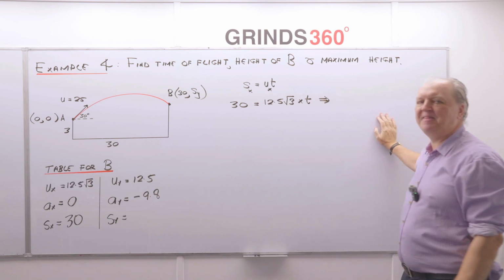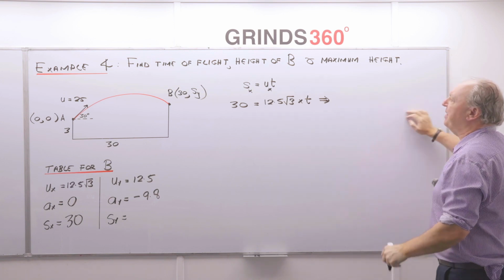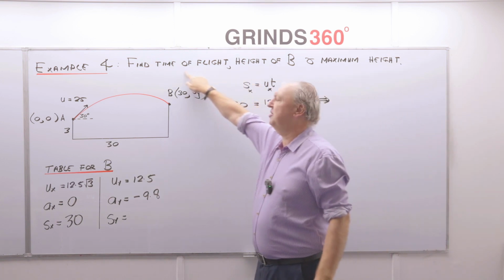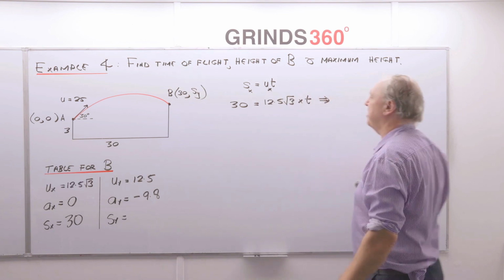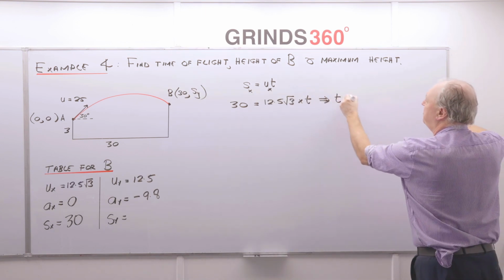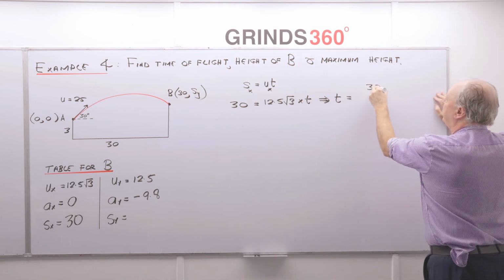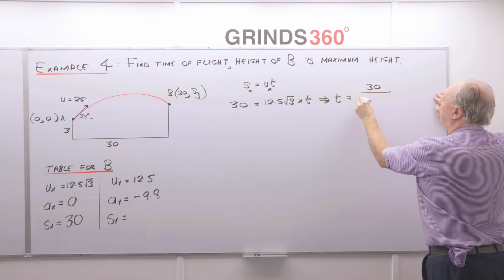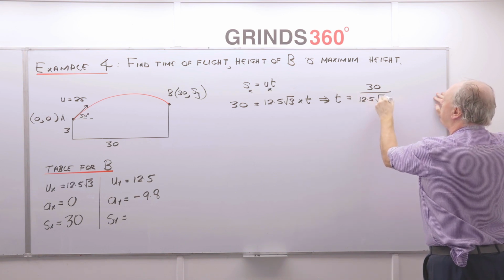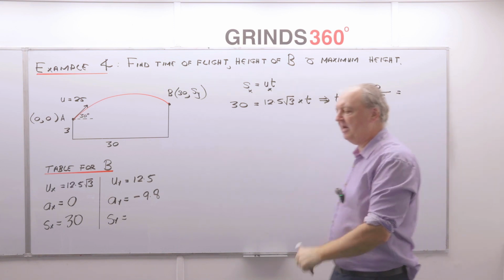But now I can calculate the time of flight to go from A to B, which is the very first part of what they're asking me. So T is equal to 30 divided by 12.5 root 3. Let me put that into my calculator.